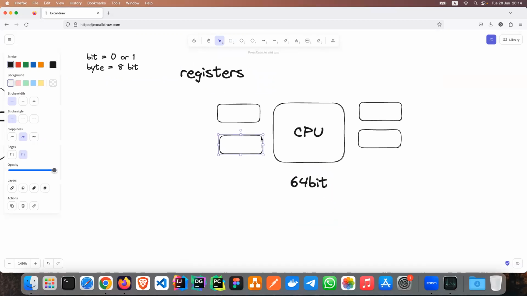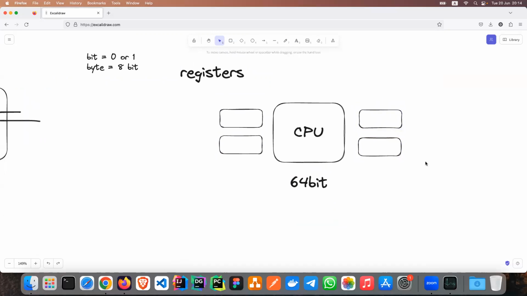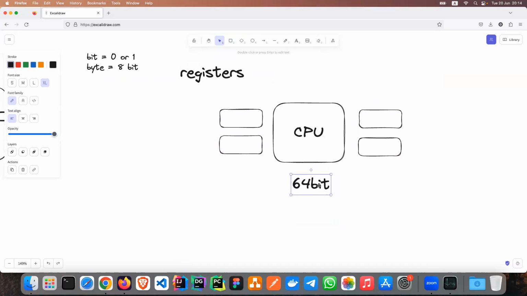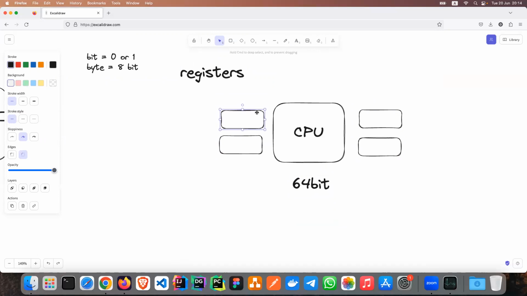Whenever you buy a computer, it's written somewhere in the specifications, either 64-bit or 32-bit. The meaning of this is that it denotes the size of a single register, how many bits a single register can hold.